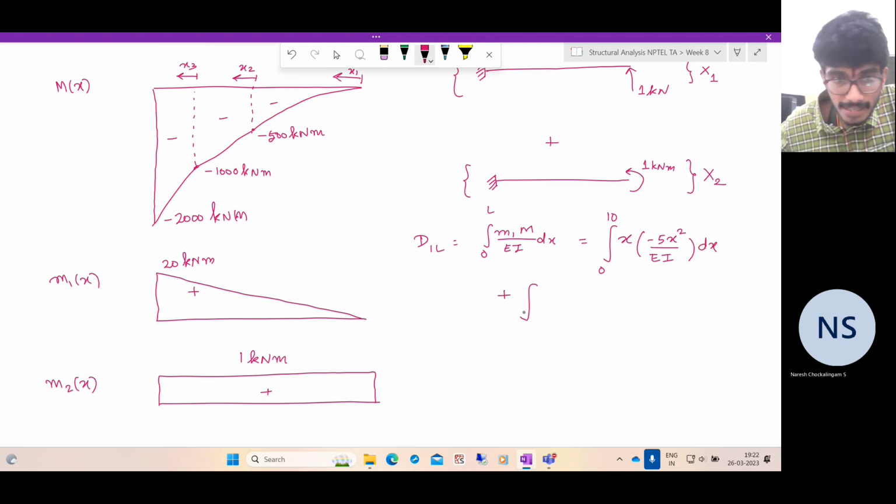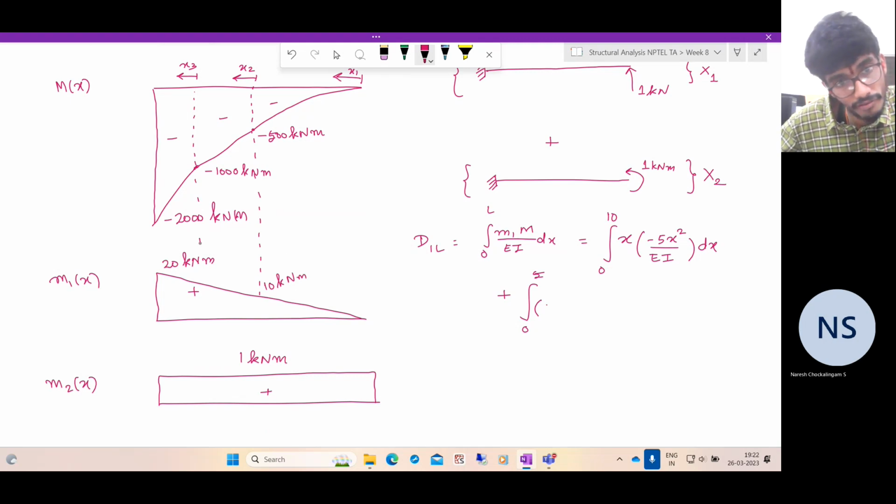Plus, what do you have in region 2? Region 2 extends from 0 to 5, and the real bending moment diagram is linear. First the virtual: at this point, since it is the middle, it takes a value of 10 kilonewton meter.